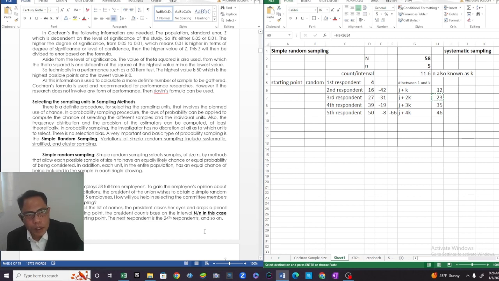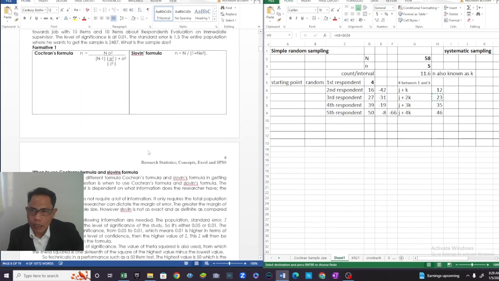So let's take an example of this one. A company employs 58 full-time employees. To gain the employees' opinion about the upcoming contract negotiation, the president of the union wishes to obtain a simple random sample that will consist of 5. Take note that it is a decision of the president to get 5.